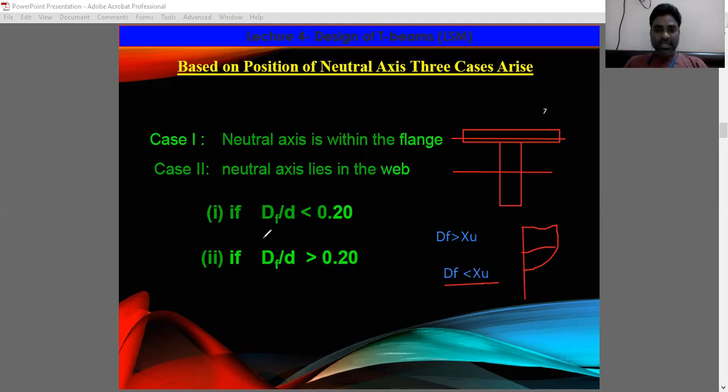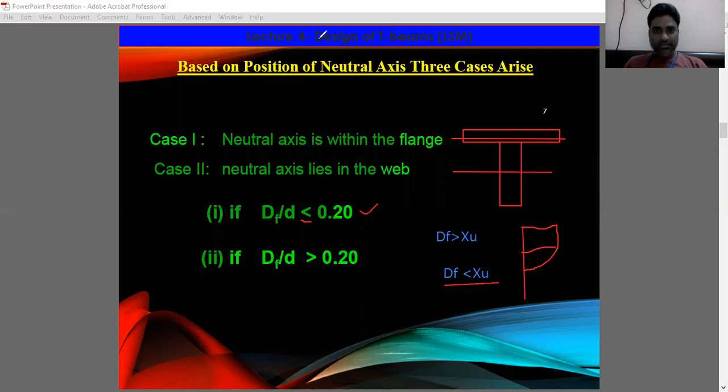If Df by d is less than or equal to 0.2, that means throughout this rectangle portion the stress is constant. So it is very easy to determine for this case, right? And suppose Df by d is greater than 0.2, then what happens? The rectangular and parabola case.